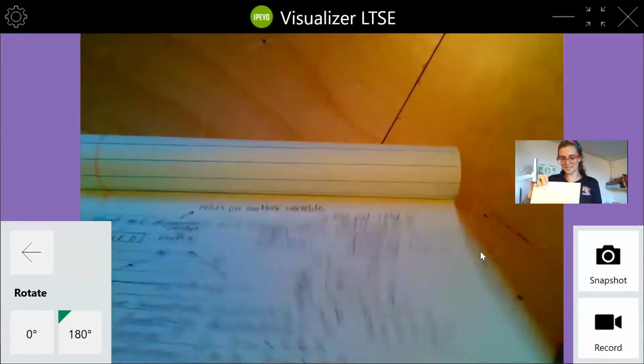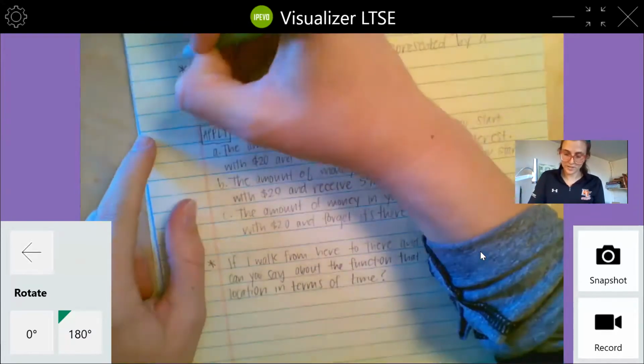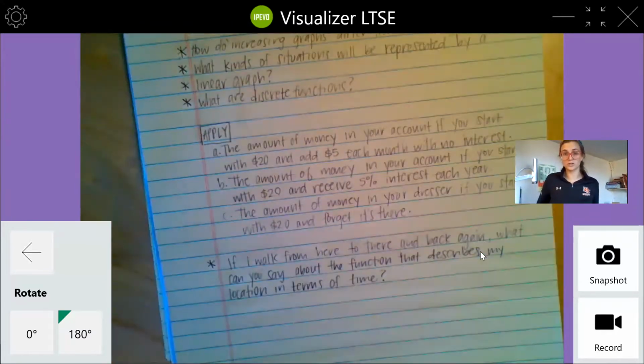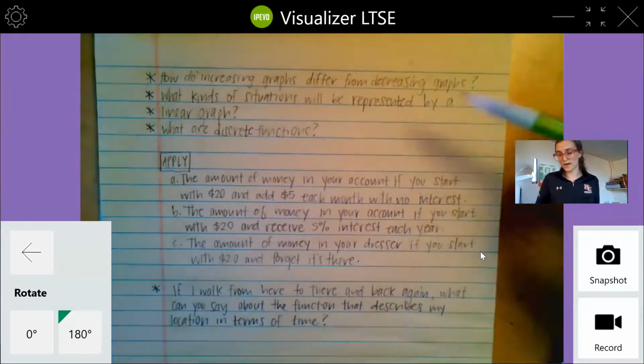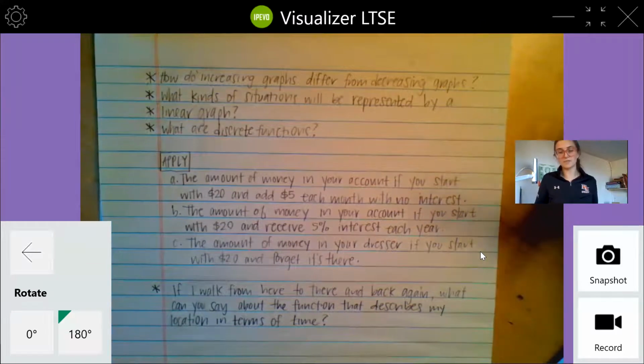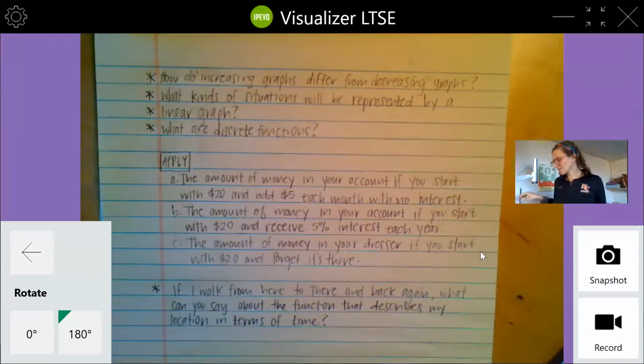All right, so let's take a look at a few more questions. These are all questions in your check for understanding. First one, how do increasing graphs differ from decreasing graphs? We went over this in step 1 of the investigation.